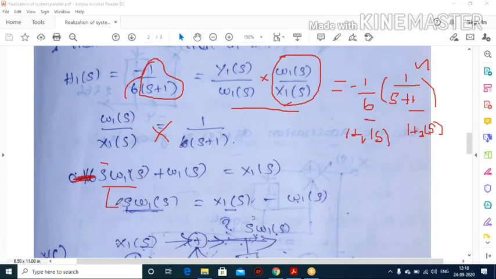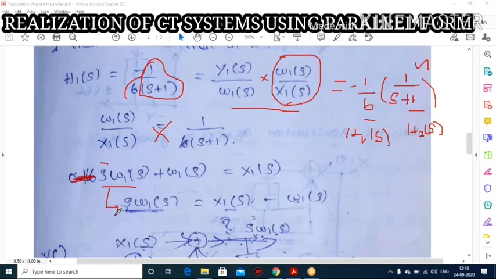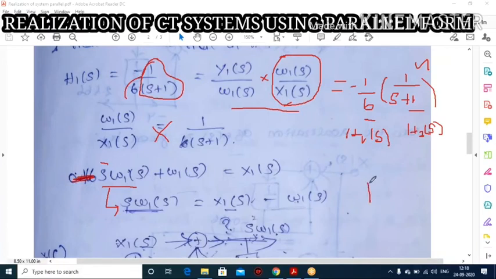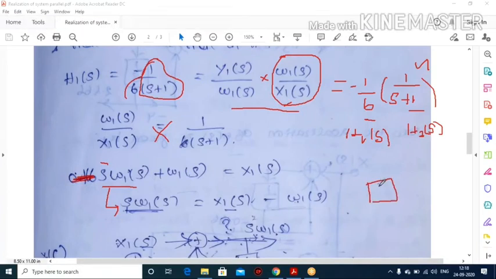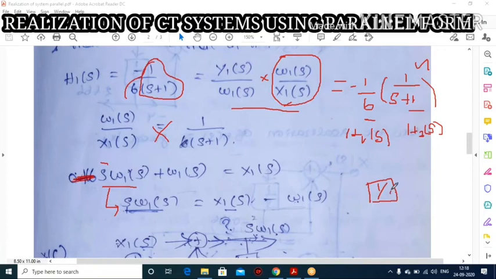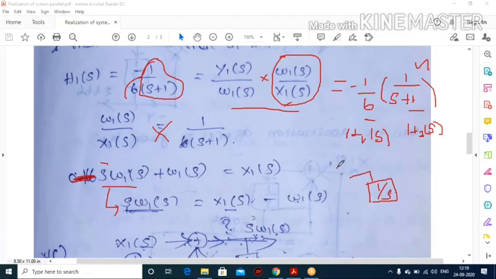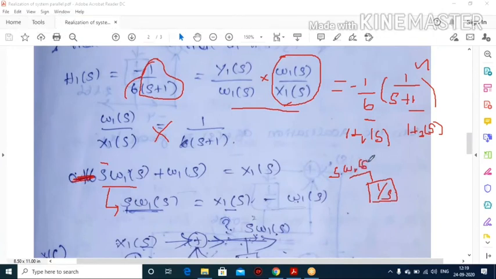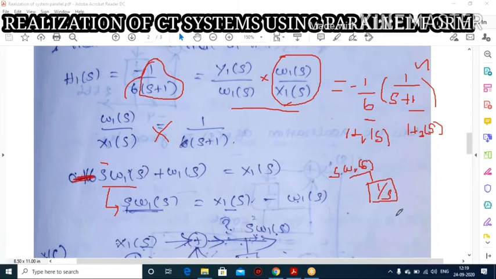Why am I choosing this part only? Because in our realization block, here you are taking the integrator block. So this box contains 1 by S. Suppose I put S into W1 of S as the input to this block.